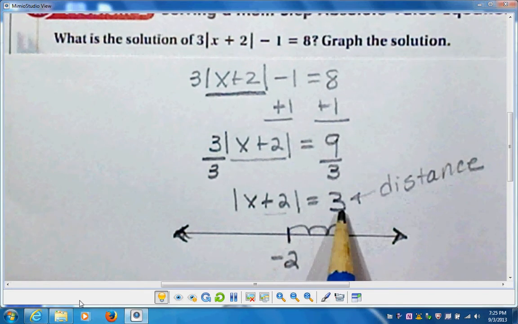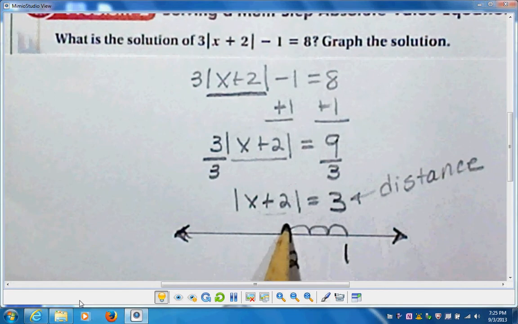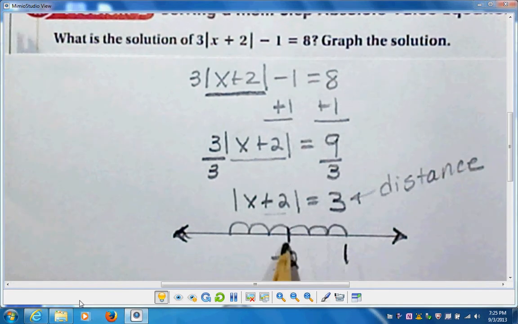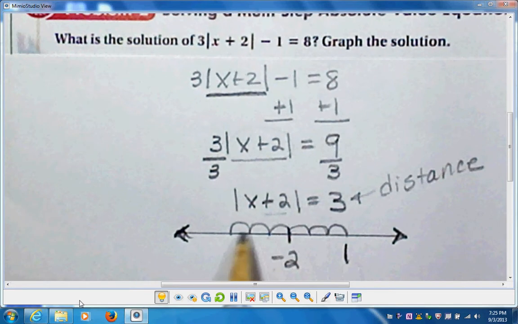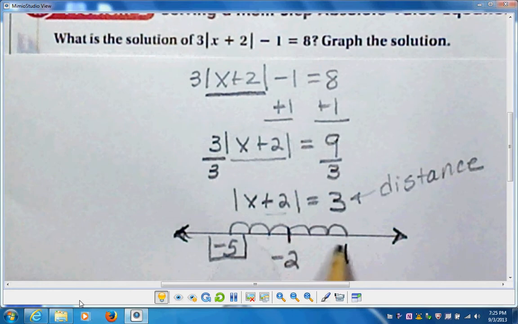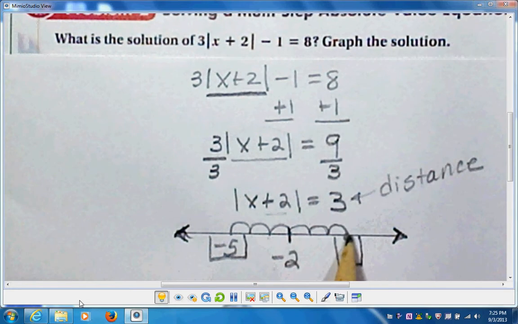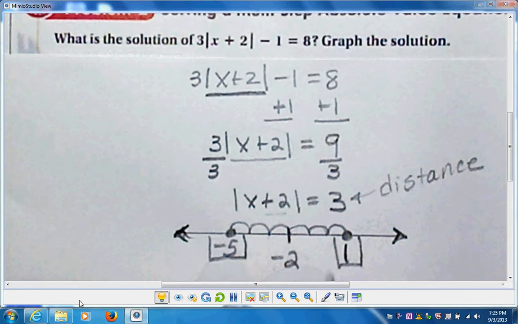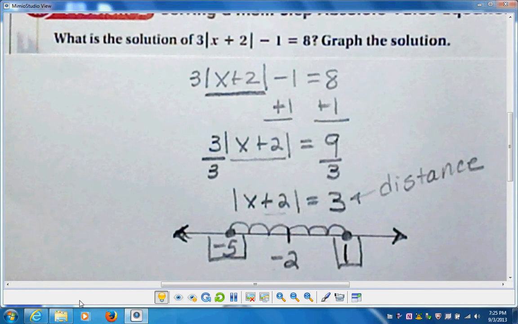And I'm going to go 3 to the left. 1, 2, 3. So that would be -3, -4, -5. So when I solve this algebraically, my answer should be -5 and 1. Or I correctly said -5 or 1.